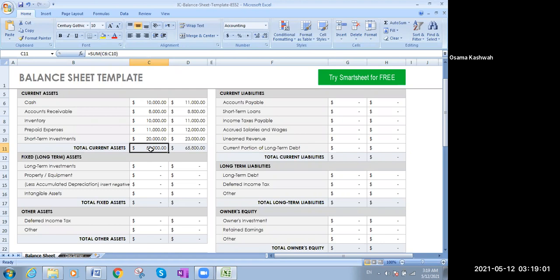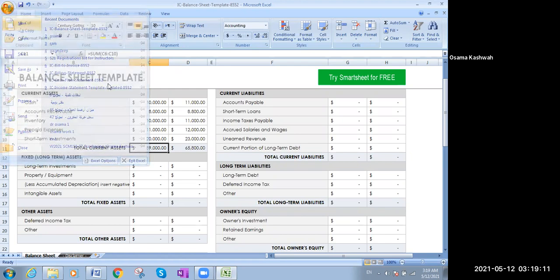So here now we'll go to the second part of the balance sheet, long-term investment. Let me show this point again with another spreadsheet.